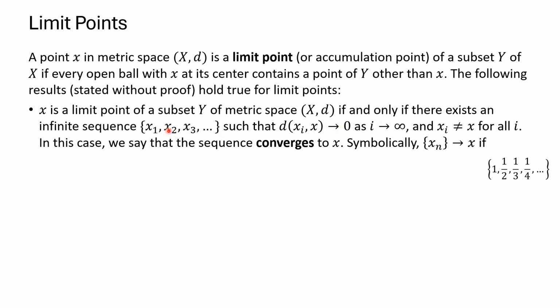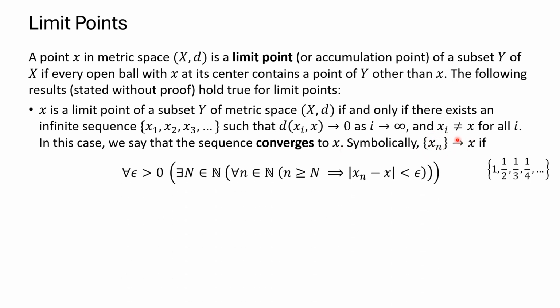So in other words, as you move along this sequence, the elements get closer to whatever the limit point in question is. And we also have the condition that none of the terms in the sequence equal x. In which case we say that the sequence converges to x.